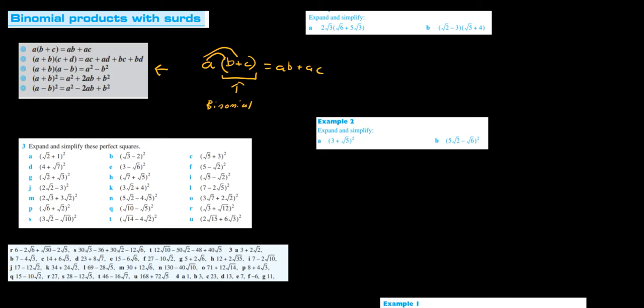Let's have a look at another one. Let's have a look at A plus B squared. So there's an easy way to do this. We square the first term, square the last term, and we double the product. So the first term's A, the last term's B. One of the products is A, another product is B. So we're left with A squared plus 2AB plus B squared.